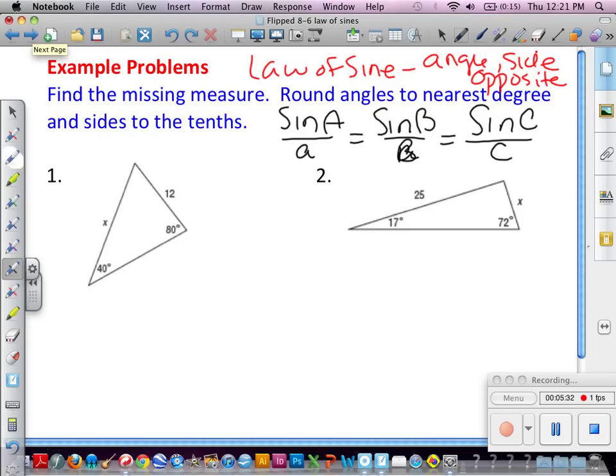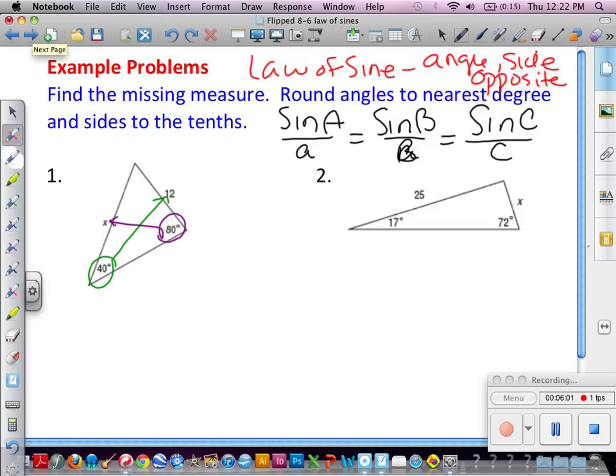So let's take a look at number 1. Do we have an angle and a side opposite relationship going right now? What I mean by that is I look at 40, that's an angle. I have the side opposite. I'm looking at 80. I am looking for the side opposite. So I do have the angle side opposite relationship going.